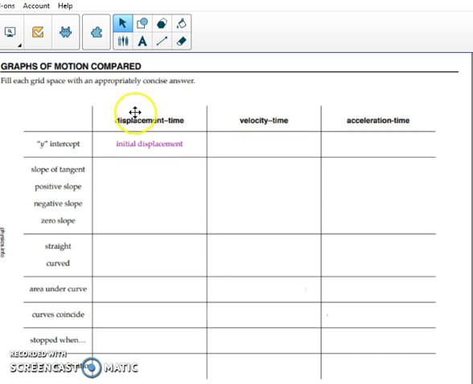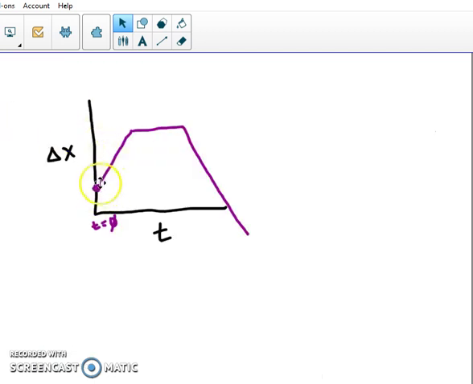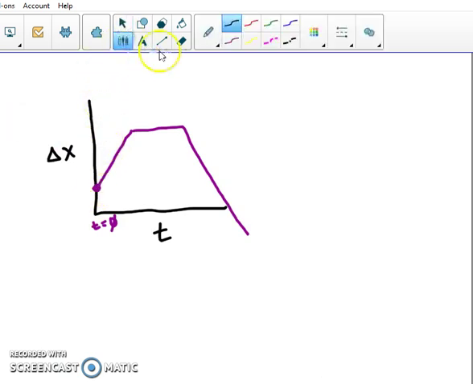This is like when the gun goes off on the track and you start racing down the track, if you were given a head start, rather than a graph that would just start at 0, 0.